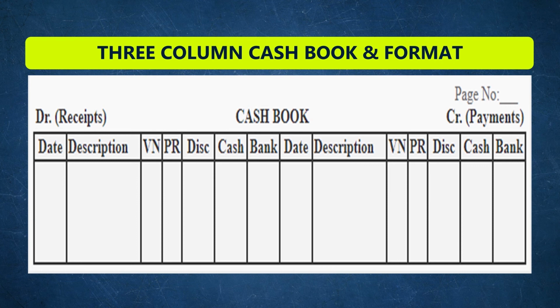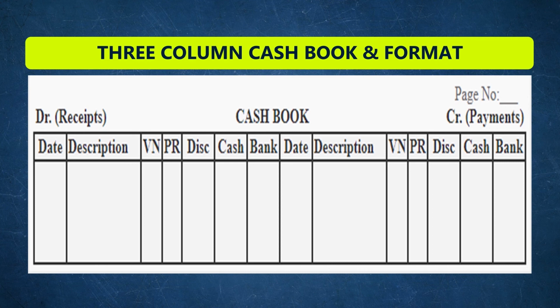Now in the 3-column cash book one more column has been added, that is the discount column in the debit side and discount column in the credit side. So there are 7 columns in the debit side: 1, 2, 3, 4, 5, 6, 7. Likewise in the credit side, 1, 2, 3, 4, 5, 6 and 7.